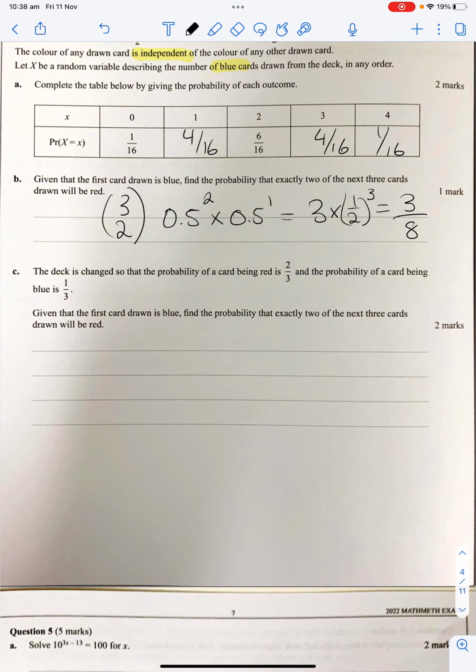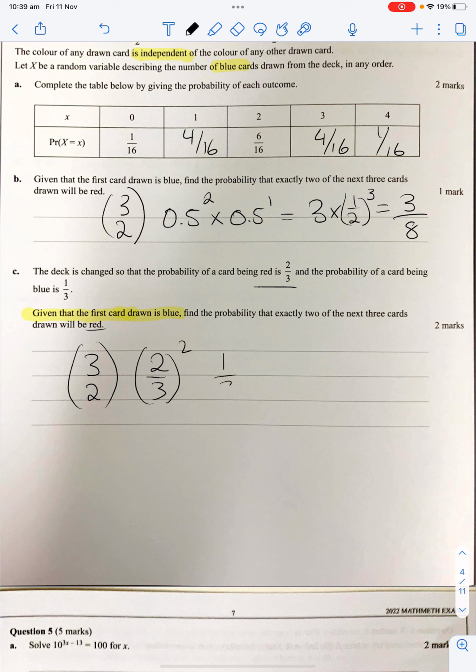Next one, the deck has changed so the probability of a card being red is 2/3 and the probability of a card being blue is 1/3. Given that the first card is blue, so again, this is not relevant. The card got replaced. Find the probability that 2 of the next 3 cards will be red. So red is 2/3. So the same thing, 3 combination 2. Probability of success is 2/3. We want 2 of those.